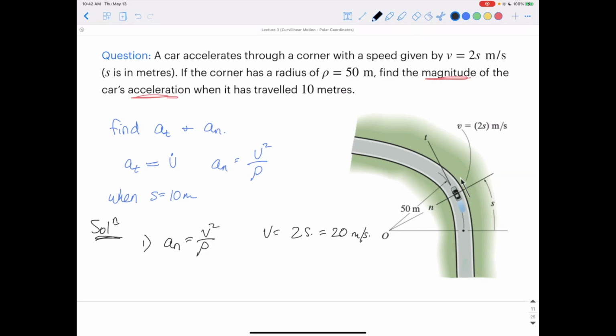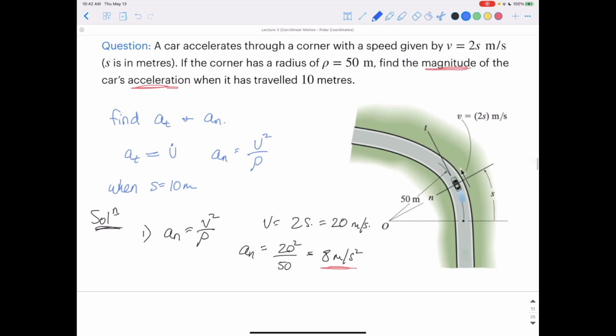Right, that would be our speed. So we can write AN is equal to 20 squared over our radius of curvature, which is 50, which is equal to 8 meters per second squared.